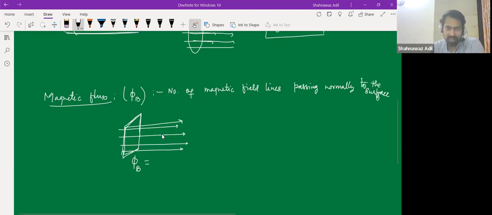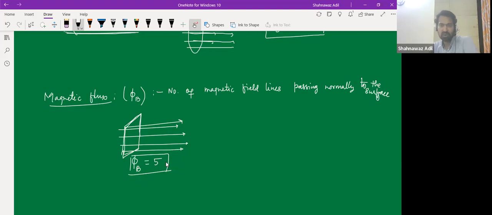So if I say 1, 2, 3, 4, 5, this is the magnetic flux, right? We don't know what the magnetic field is, we don't know what the area is, but we know how many field lines are passing. So that is what the magnetic flux is, right?